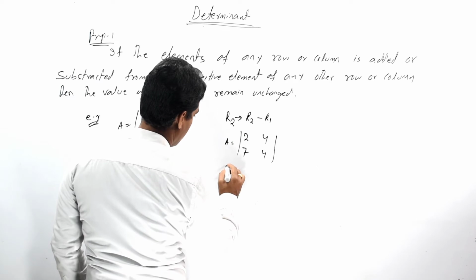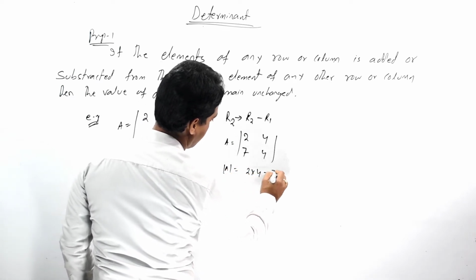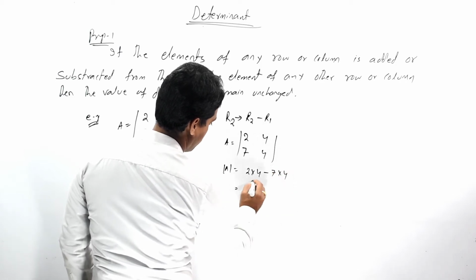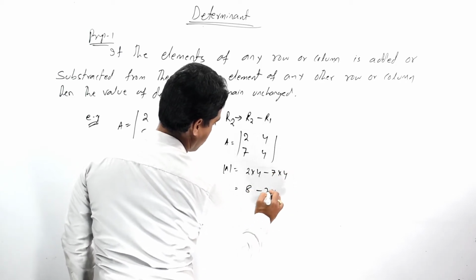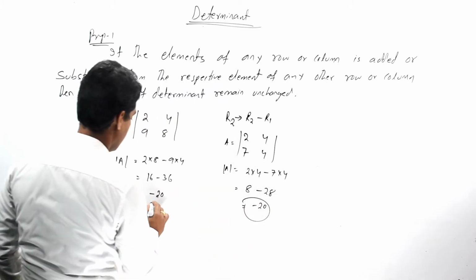So the value of the new determinant is 2 into 4 minus 7 into 4, that is 8 minus 28, that is minus 20.